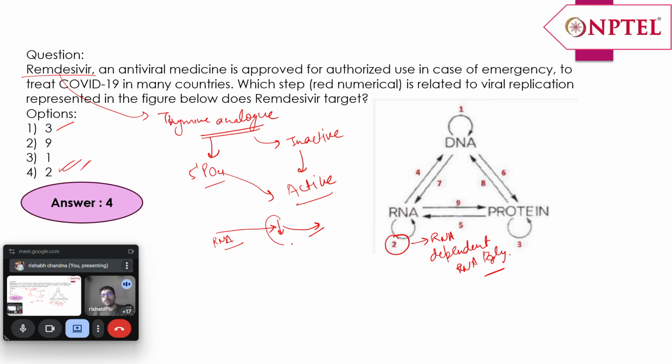That's how it inhibits RNA replication in viruses, and it is also approved in case of emergency in COVID-19. So this is how its action helps in blocking the transcription, oh sorry, replication of the particular viruses.